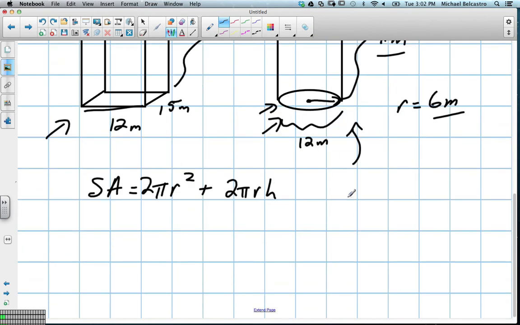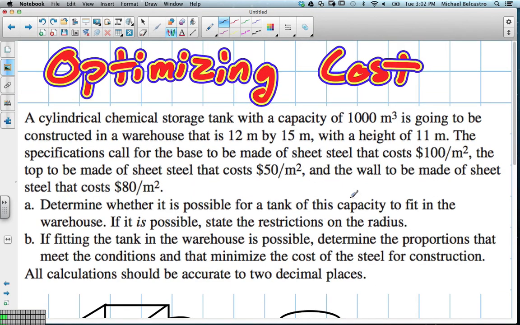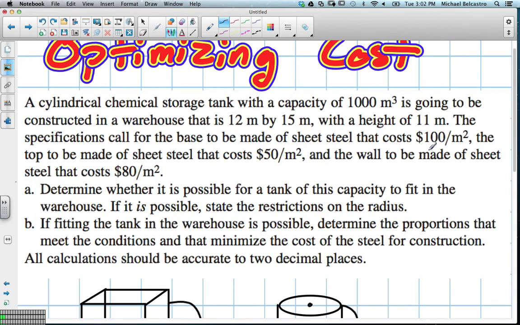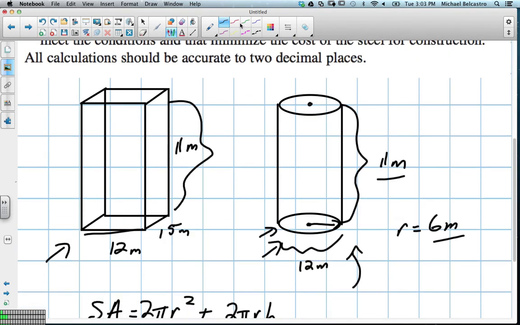So what we want to do is get a cost function also. Okay. Our costs are very important. The specifications call for the base to be $100 per meter squared, the top being $50 per meter squared, and the body being $80 per meter squared.